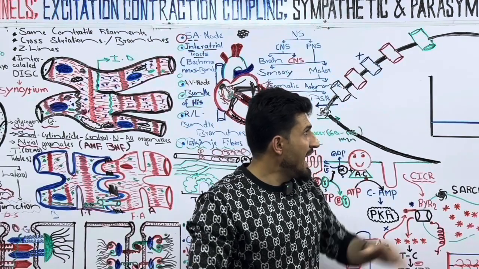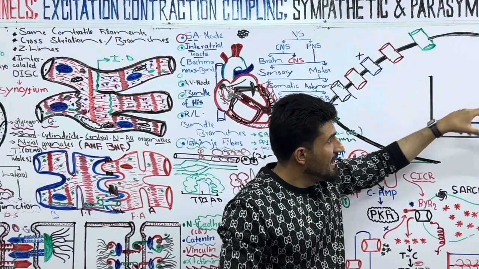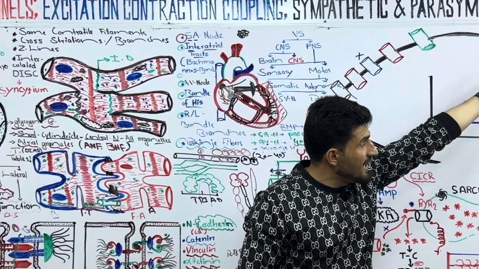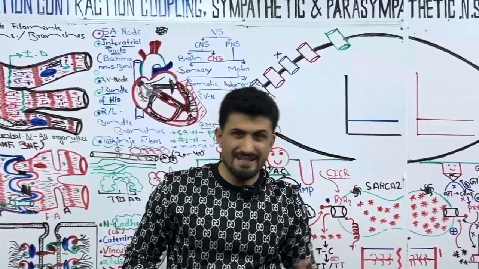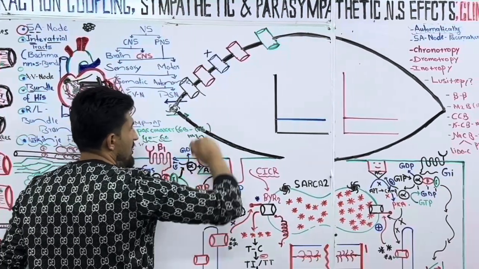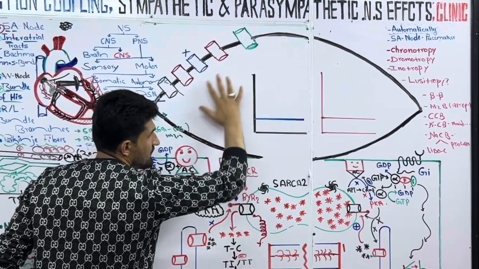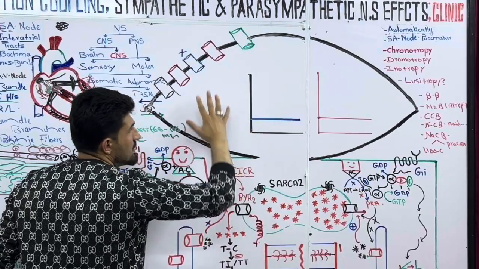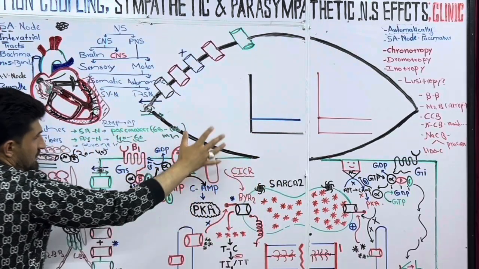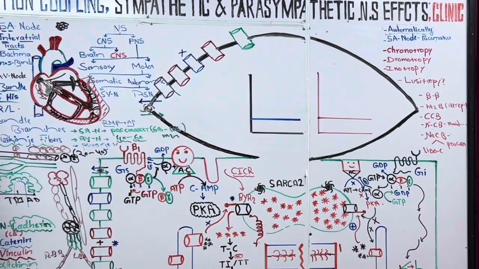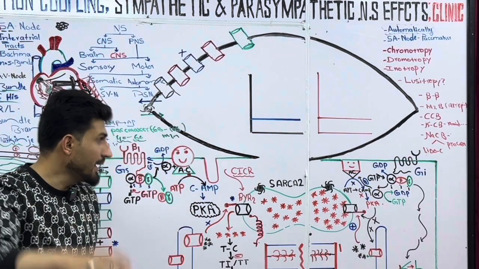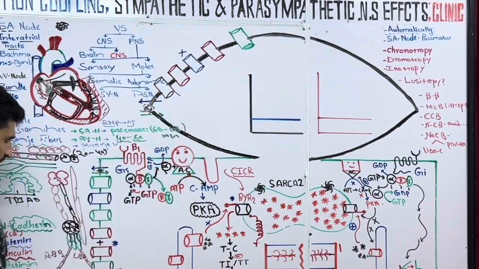It means how it acts as a pacemaker and how it has automaticity. Then I'll talk about how these depolarizations and repolarizations pass from the SA node to the myocardium and atrium and cause contraction of the cardiac cell. This is the easiest part. Listen to me carefully.